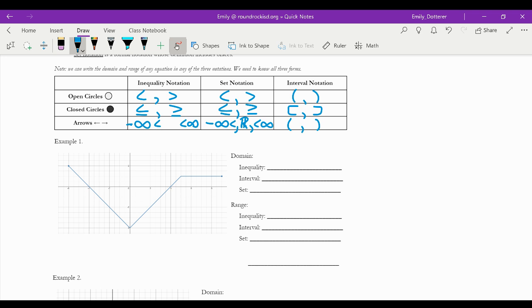So if we look at example 1, let's just go through inequality notation first. We have closed circles on both ends. So as we go left to right, it starts off at -6. We have a closed circle, so we use less than or equal to.